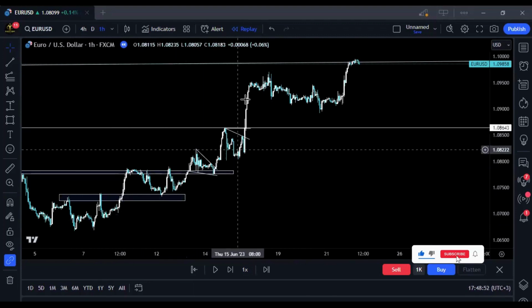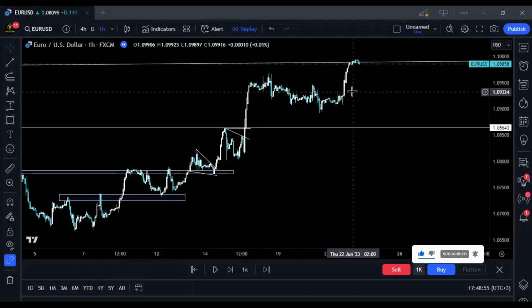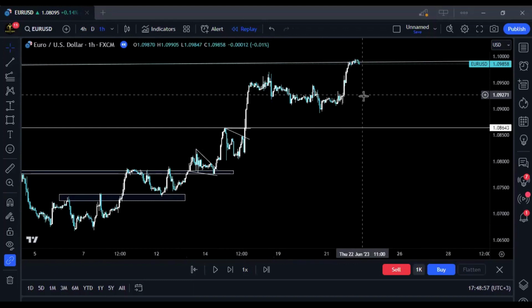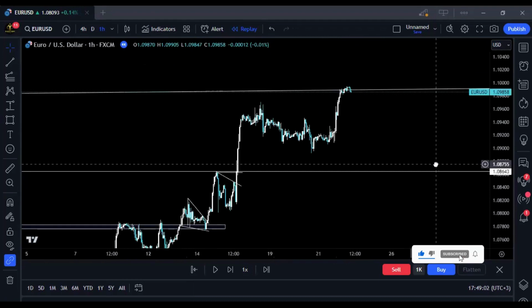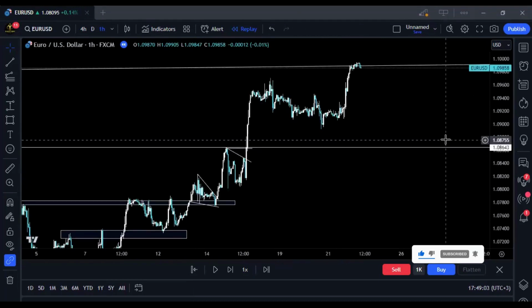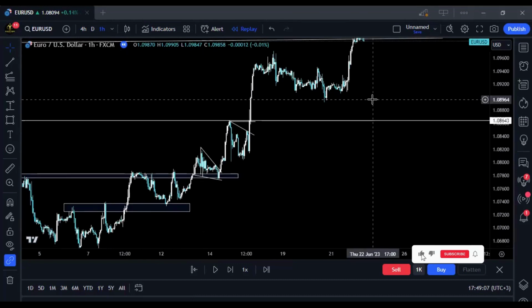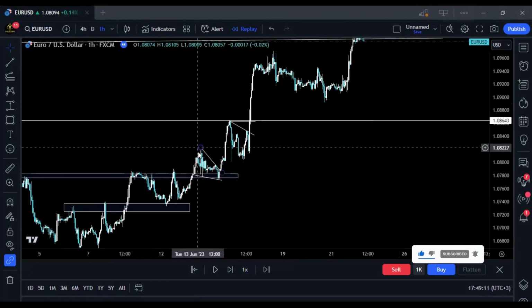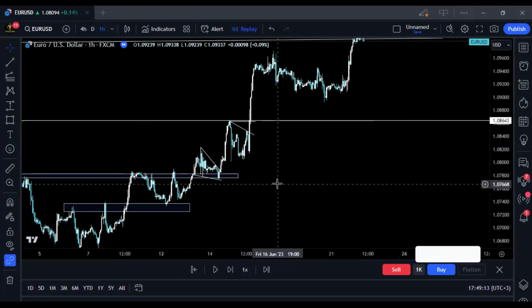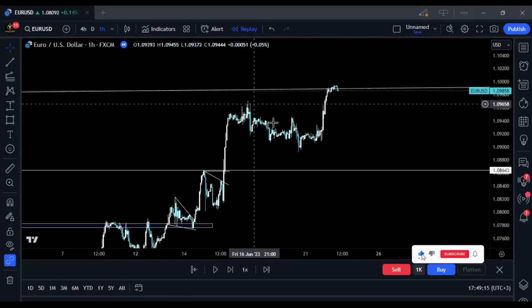So obviously in a scenario or a market structure like this, what trading opportunities do you need to be looking for? Obviously, buy trading opportunities because the trend is bullish. Why would you be looking for sell opportunities? It's buy trades only. Look at the sells. The sells are very choppy and they're not even really going very far. Look at these.